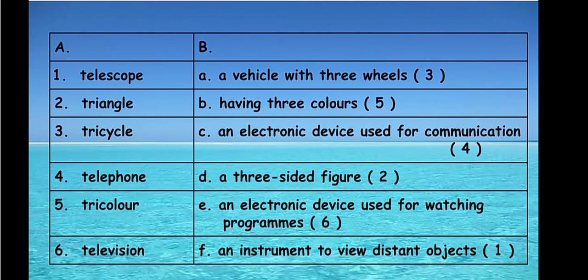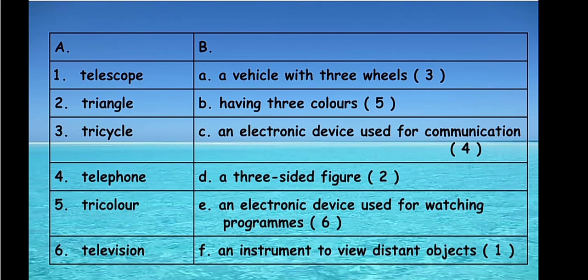We'll check the answers, children. Once again, first one, telescope. It's already done. An instrument used to view distant objects. First one, F is the answer. Second one, triangle. A 3-sided figure. D is the answer. Third one, tricycle. A vehicle with 3 wheels. A is the answer.